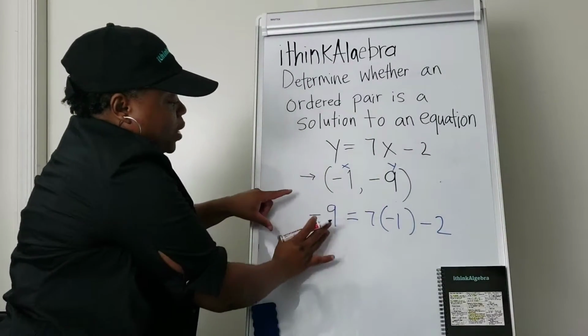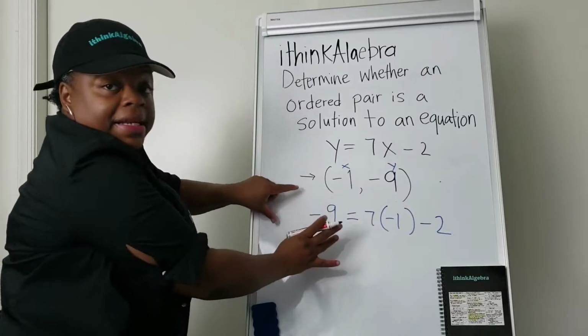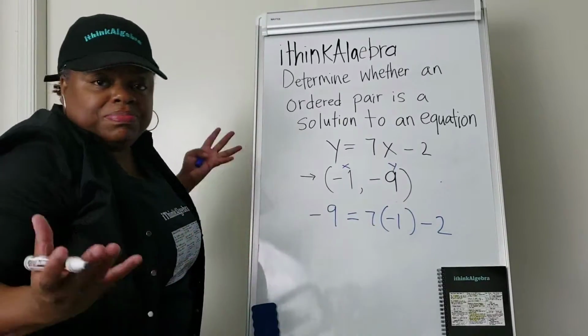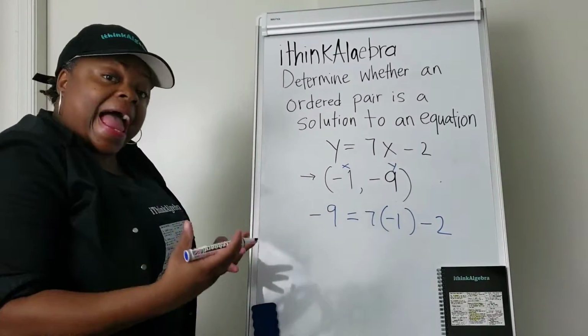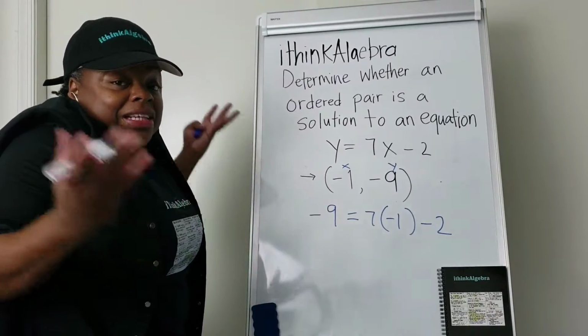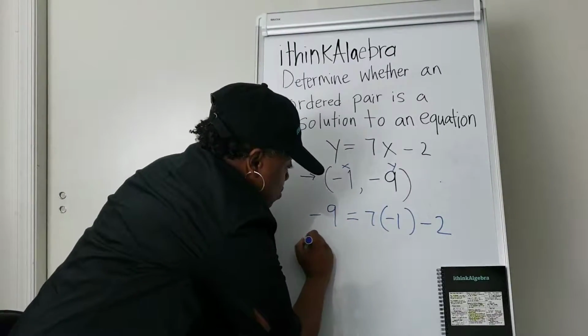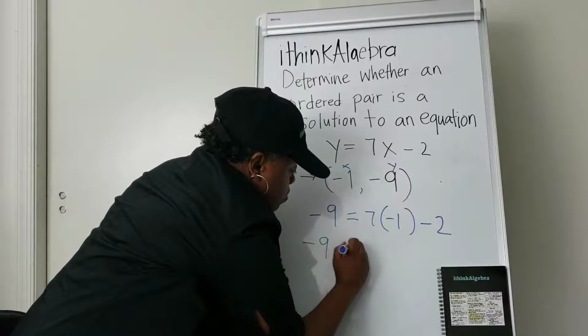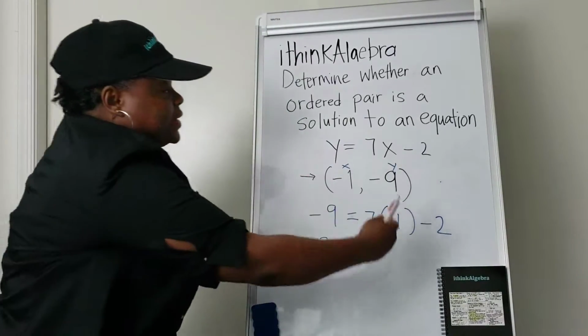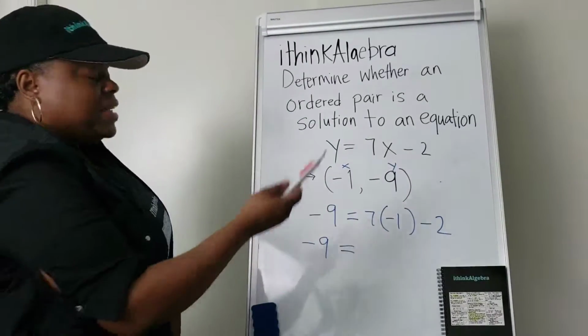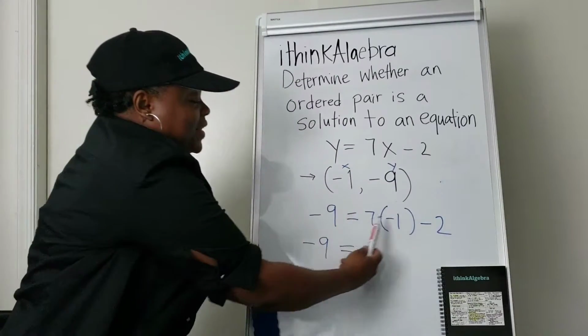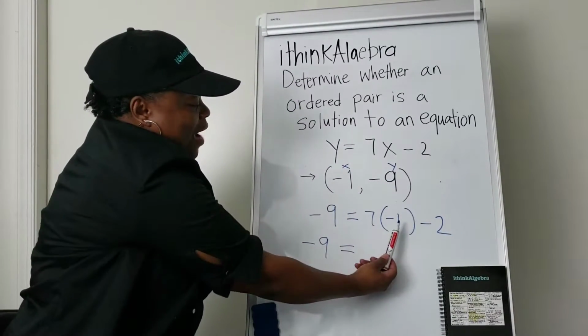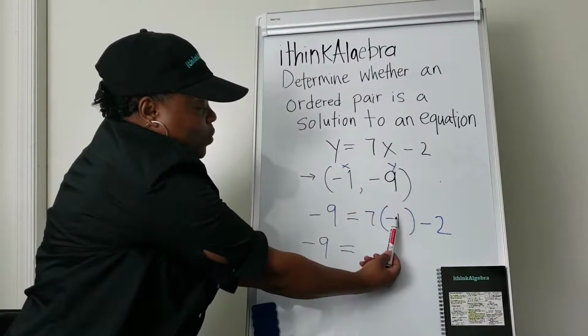So on this side, the left side, everything is simplified. There's nothing I need to add or subtract. I just have a -9, so it's cool. On the right side, I replaced the x with -1.